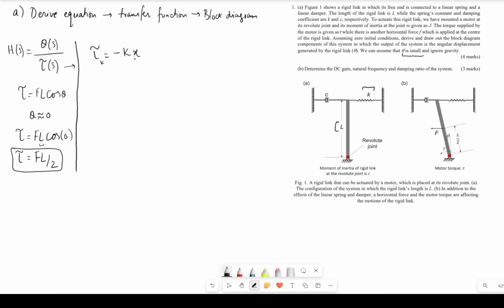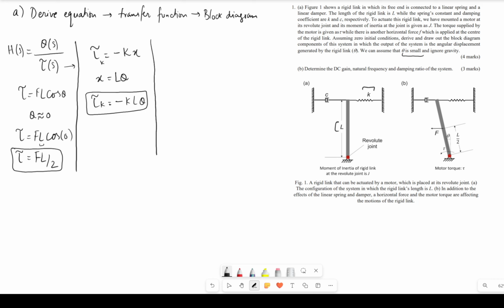So minus Kx is our torque due to spring. And in the torque due to spring equation, our X will be equal to L theta, because of this joint. So if we put in this value, we get tau K equals minus K L theta. So this is our torque due to spring.